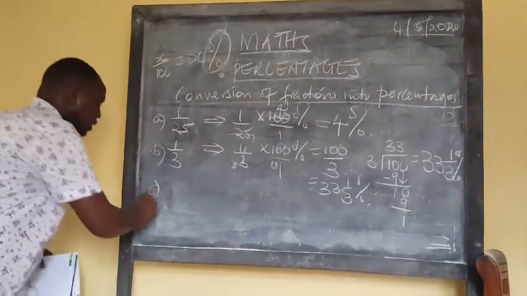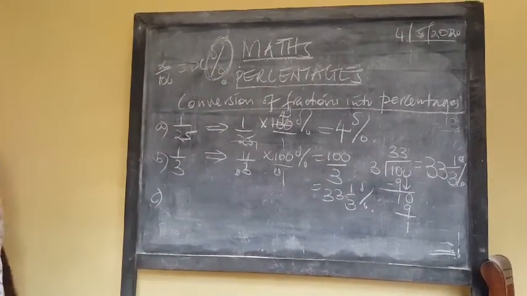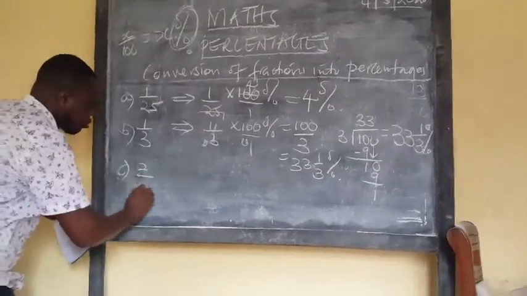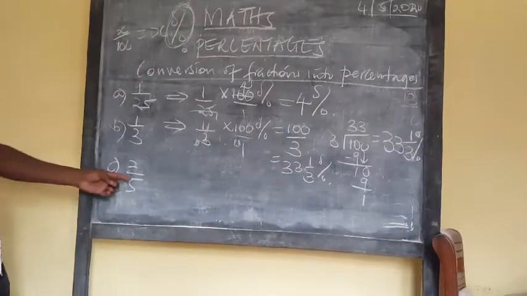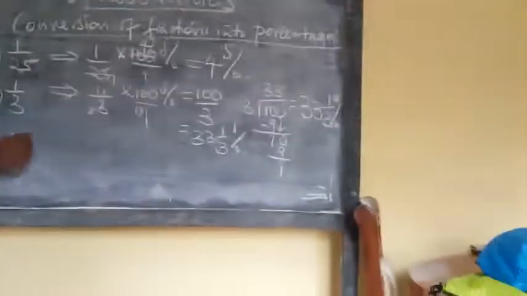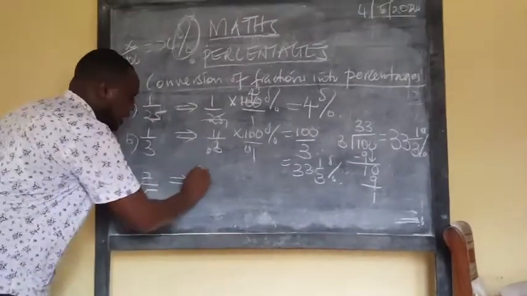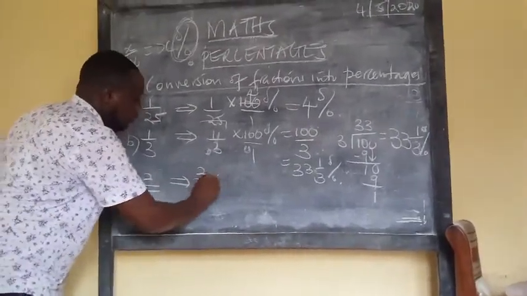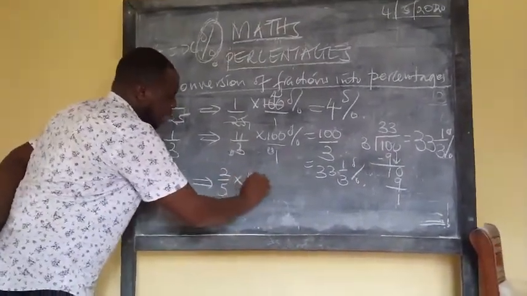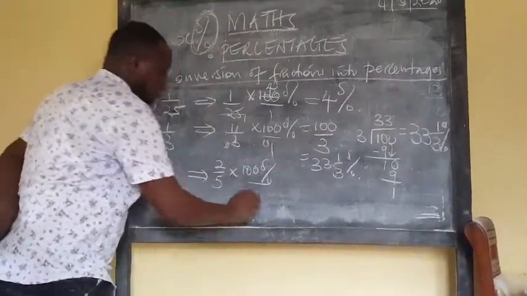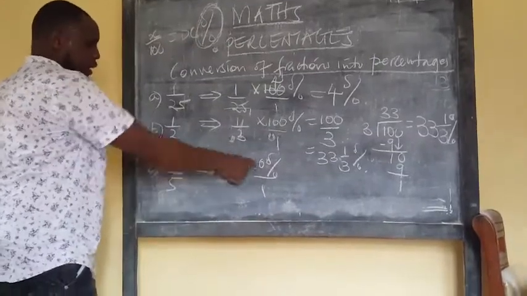Let's pick another fraction, like 2 over 5. You want to convert 2 over 5 into a percent. So our rule remains: you take the fraction, multiply by 100%. Now what does that give us? But this one has a common divisor.